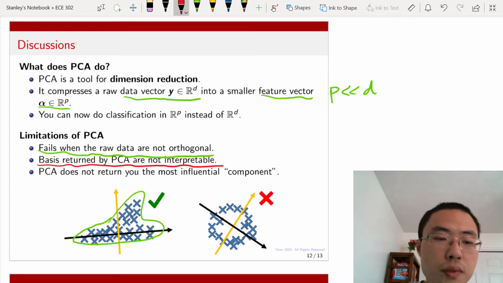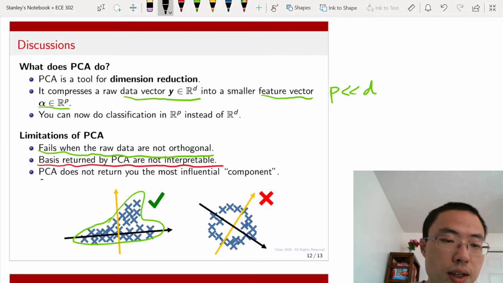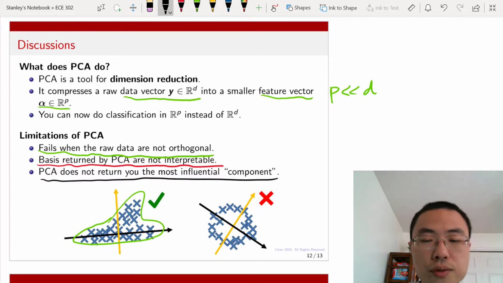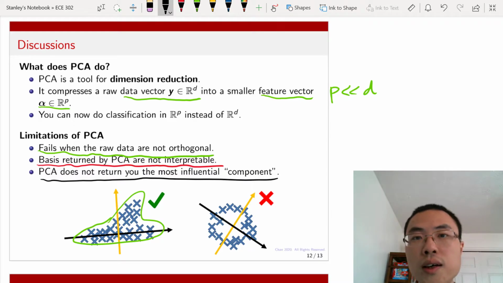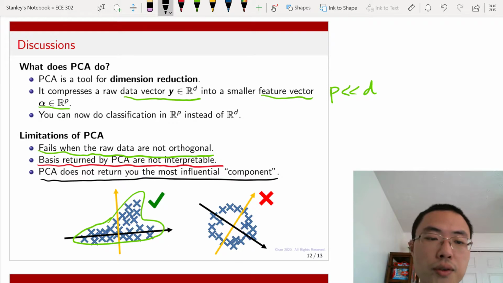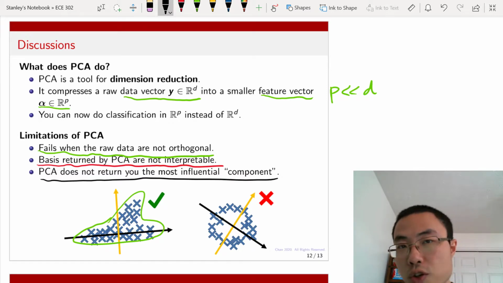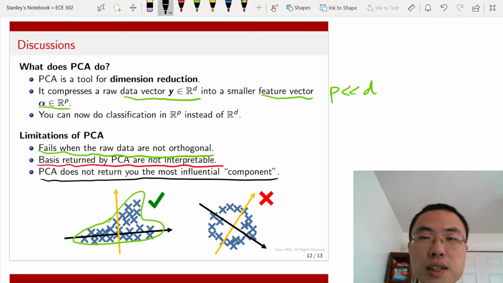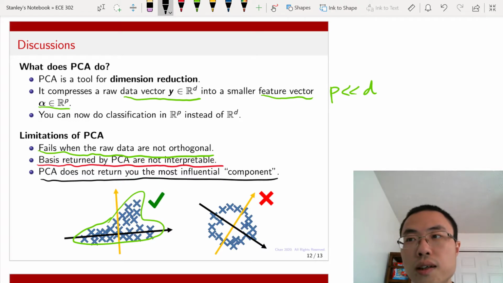And then the third point is that PCA does not return you the most influential component. One example would be that you run a medical data set, and then you see height, weight, BMI, etc. You have many columns of data. You say that I have redundant features, and so I run PCA. I have 20 features. I don't like them.